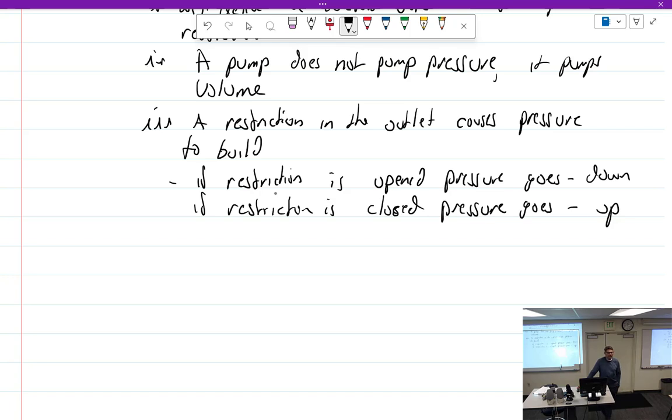All right, super students. Now we're talking about the rotary vane pump that we're working with, and we have to keep in mind how it actually works. That's a very general statement: if the restriction is opened up, pressure goes down.